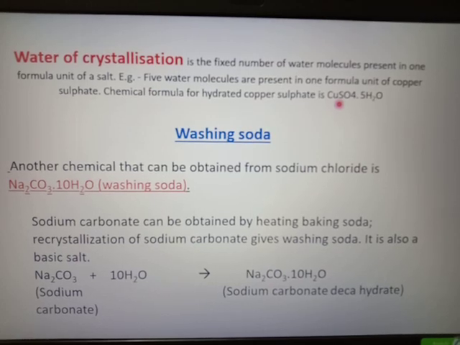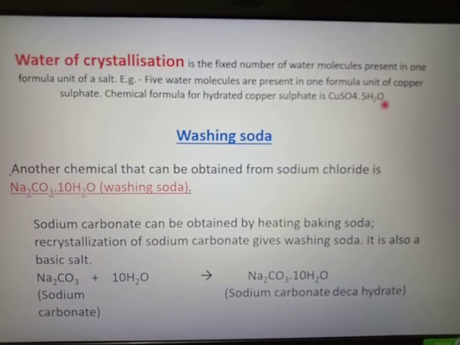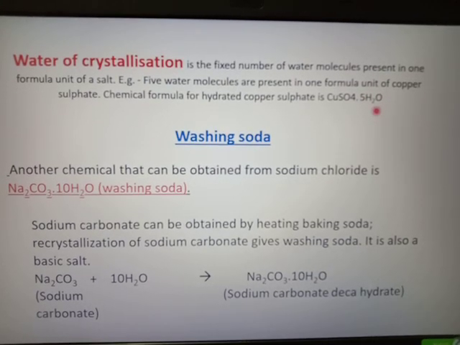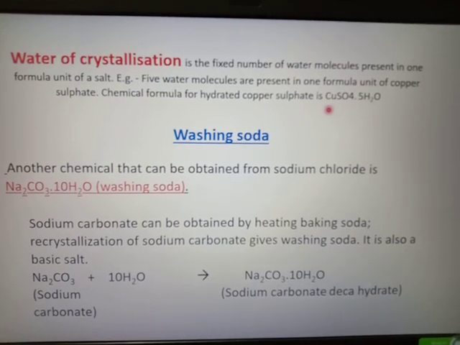And if you take this anhydrous copper sulfate and you put 1 or 2 drops of water into the test tube, you will again get blue color copper sulfate pentahydrate.